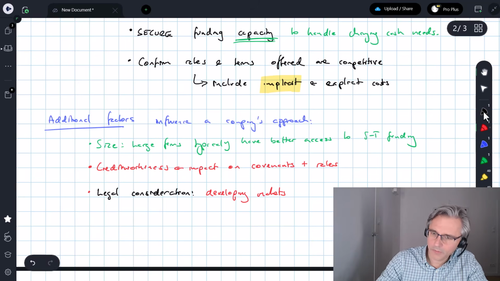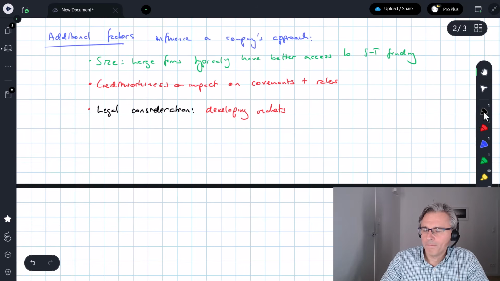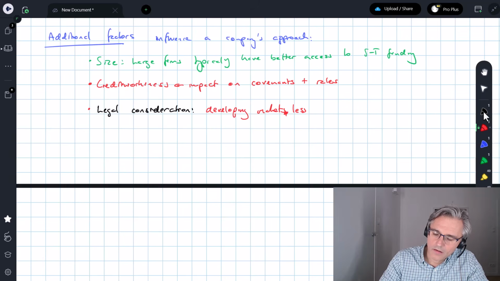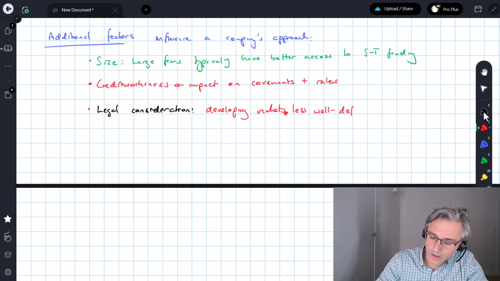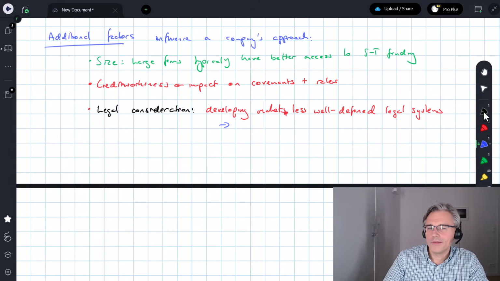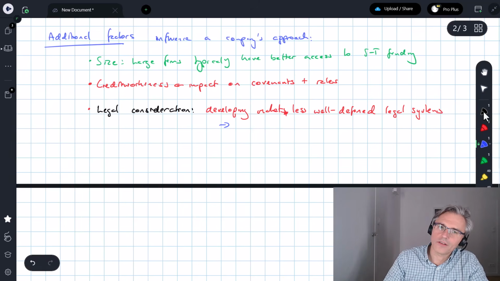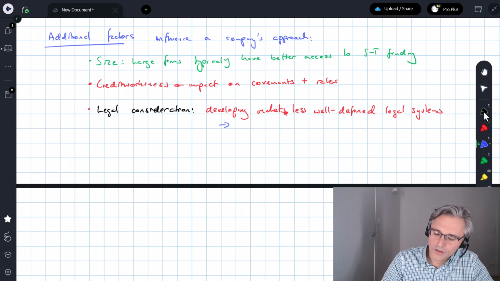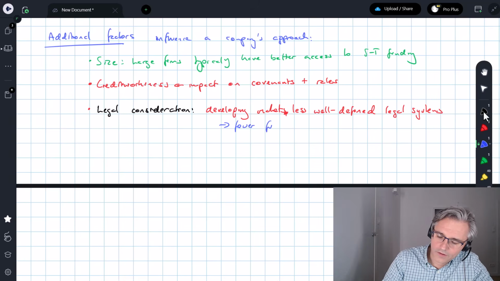So in less developed parts of the world, we may have less well-defined legal systems. And that means the options available to get funding are just going to be limited and fewer. So there will be fewer funding options as such.